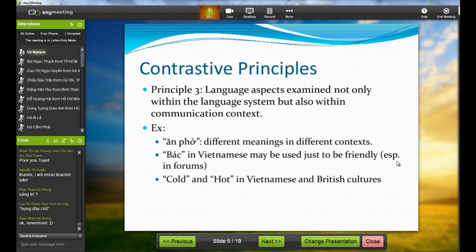I do not know whether the person I am discussing with is a man or a woman, and I do not know whether he or she is younger or older than me, right? And in that particular communication context, bác is a very useful pronoun.